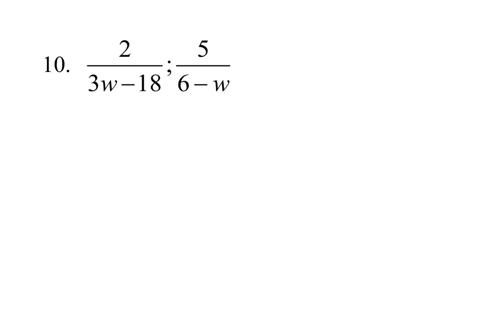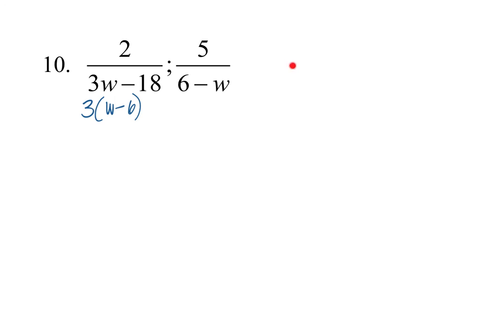Okay, for our last one, I just want to make sure everything's factored out. Over in the denominator of 3w minus 18, there's a GCF of 3. You would be left with w minus 6. And now the 6 minus w over here, that is the opposite of the w minus 6 that we see right there.